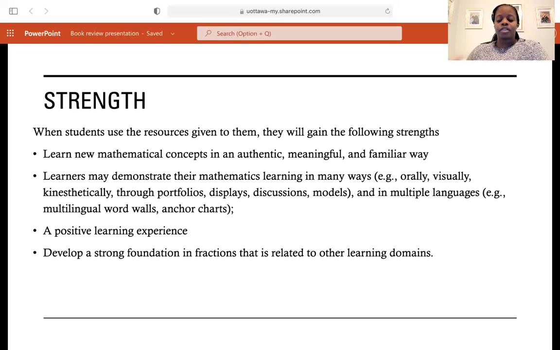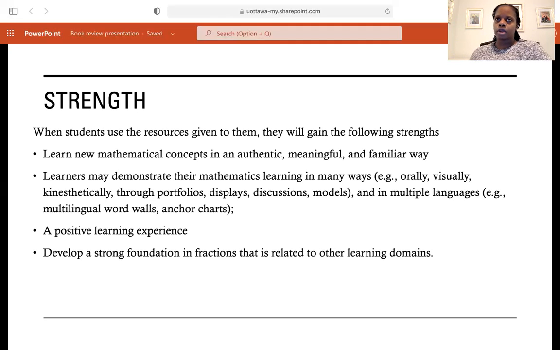After the lesson has been taught and modeled, children can refer back to the anchor chart, have a visual representation, and make connections. That will give them a more positive learning experience and help them develop a strong foundation in fractions that is related to other learning domains.